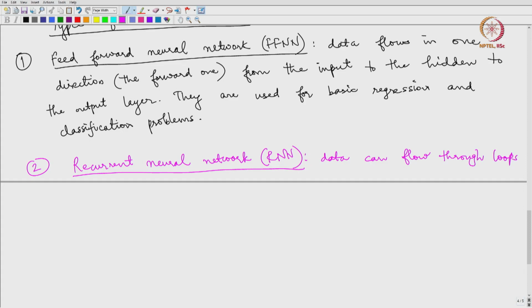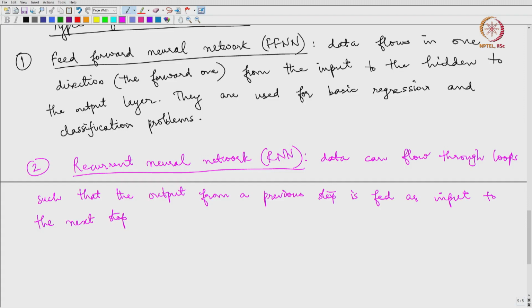So this is a recurrent neural network, and here data can flow through loops, such that the output from the previous step is fed as input to the next step along with a different set of features.